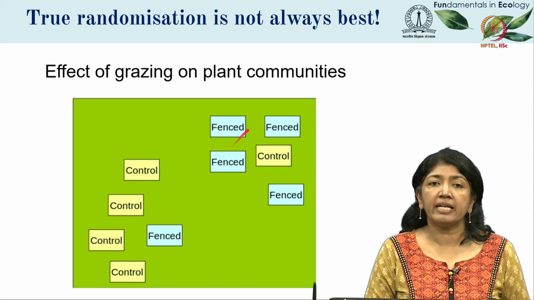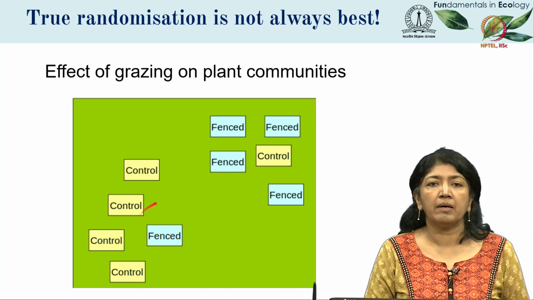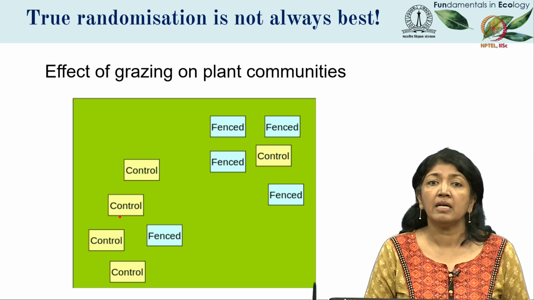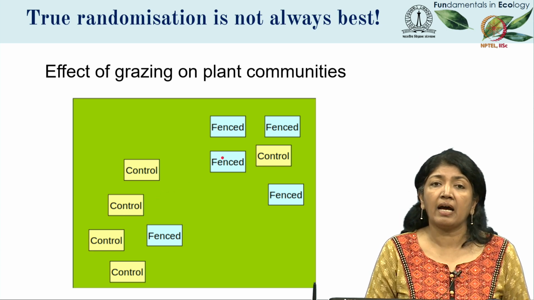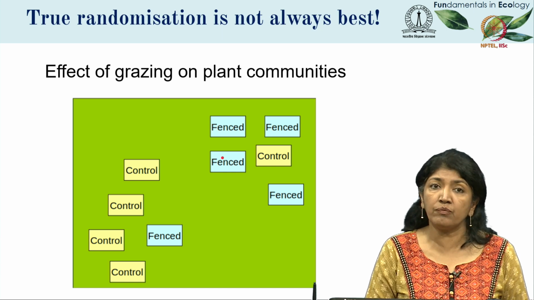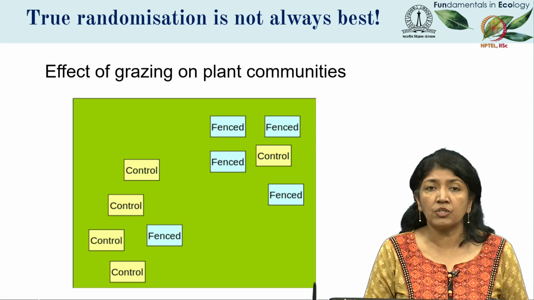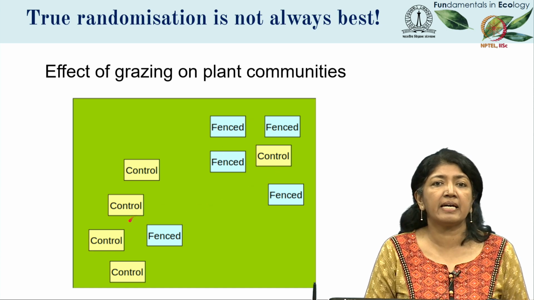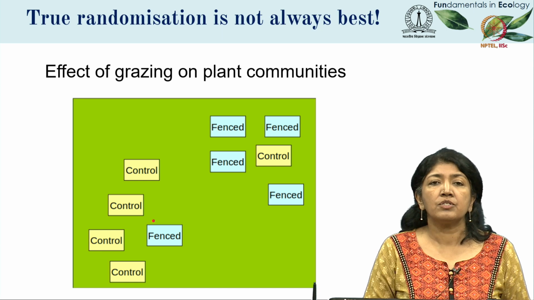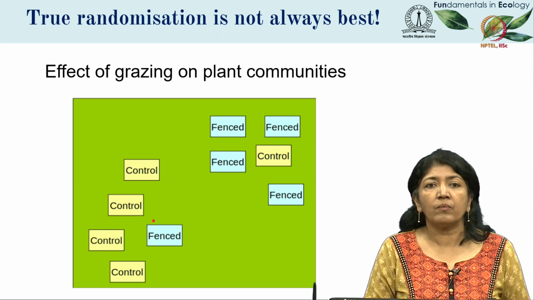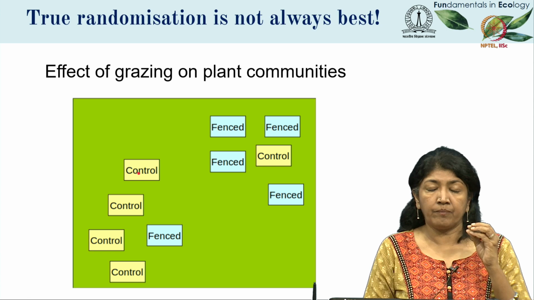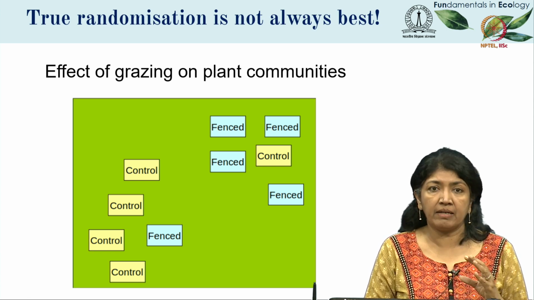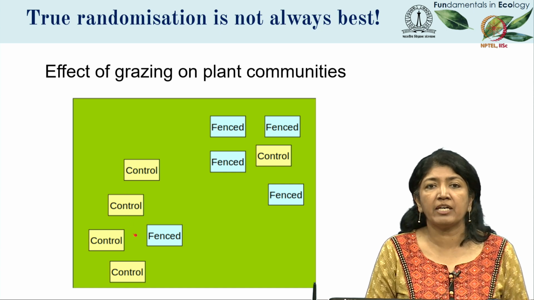You might argue that if there is, say, a soil moisture gradient, maybe it is wetter at this end of the grassland and drier at this end, then it is possible that the difference I have found in plant communities is not because of grazing, but because this area is wetter and this area is drier. So, just by chance, if we locate our sampling points completely at random, we can get these peculiar arrangements.